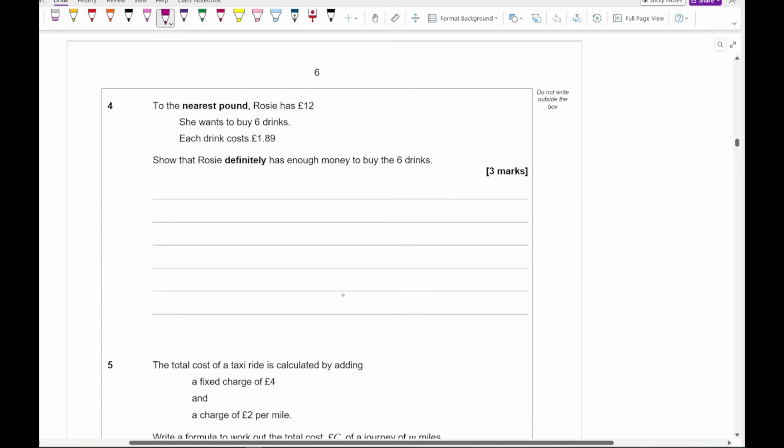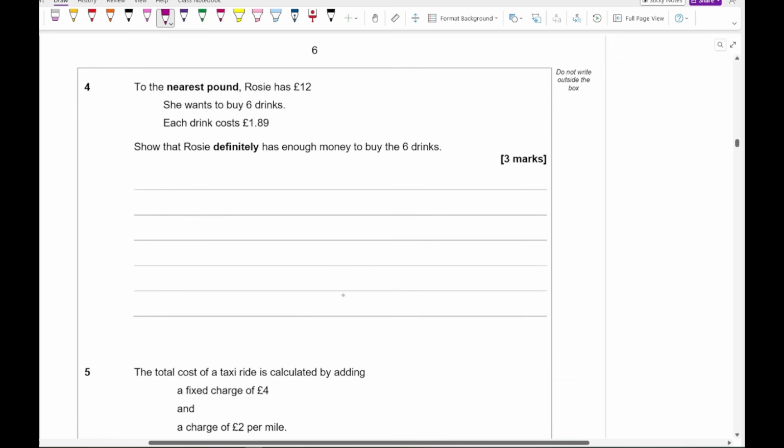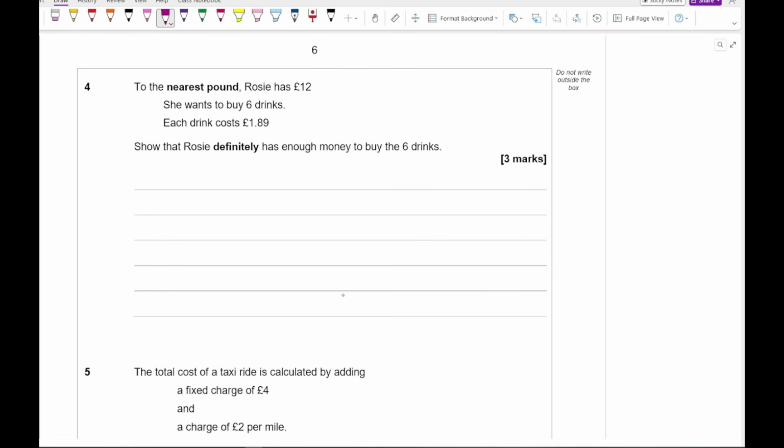Moving on to question 4, it says to the nearest pound, Rosie has £12. She buys 6 drinks. Each drink costs £1.89. Show that Rosie definitely has enough money to buy 6 drinks. Well, to the nearest pound, the smallest amount that Rosie can have is going to be £11.50.